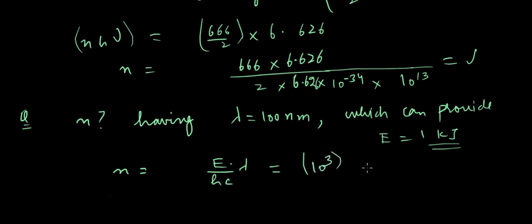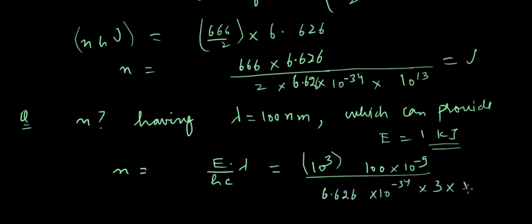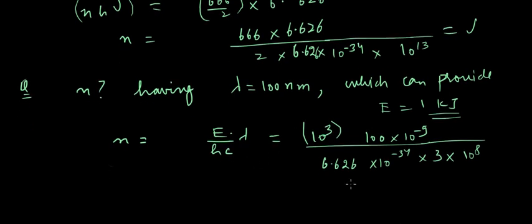Lambda is 100 into 10 raised to power minus 9, h would be 6.626 into 10 raised to power minus 34, and c would be 3 into 10 raised to power 8. From these values you can calculate what would be the number of n required.